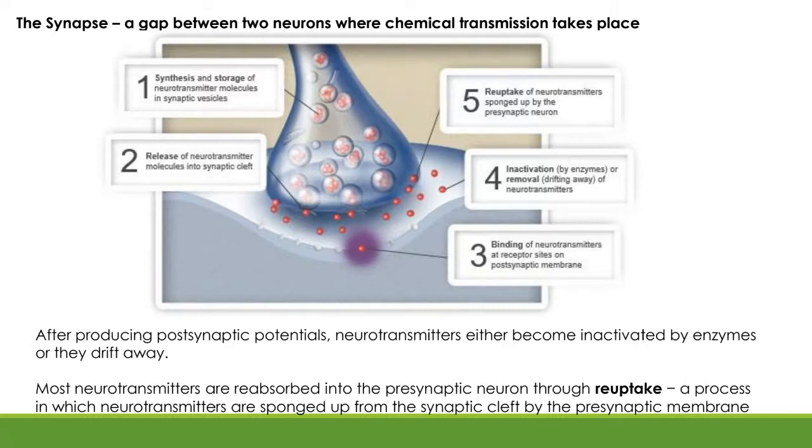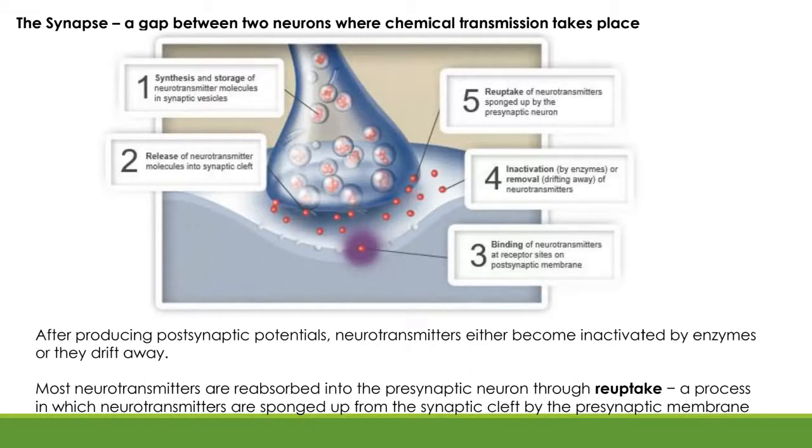They become locked onto them, or they actually become inactivated and they drift away. So not all of them get accepted onto those receiver cells. Some of them don't. They sit in the synaptic cleft and they drift away. Once they've done their job, most neurotransmitters are reabsorbed into the presynaptic neuron through reuptake, a process in which neurotransmitters are sponged up from the synaptic cleft by the presynaptic membrane.